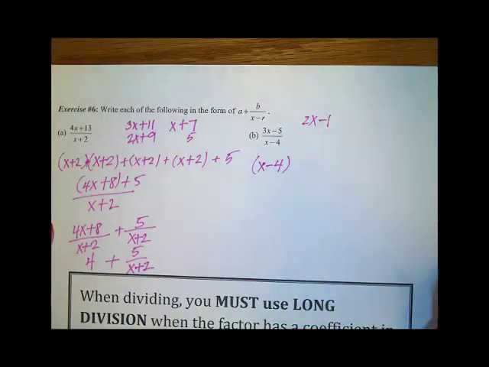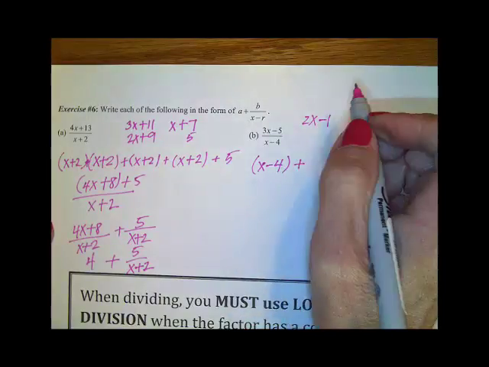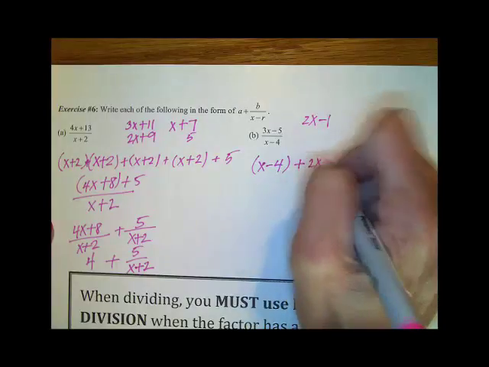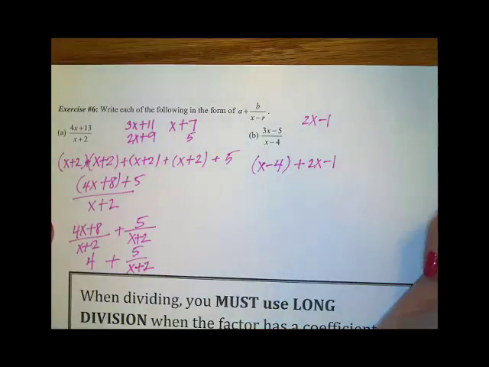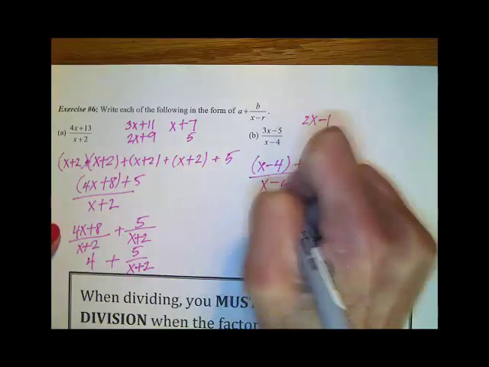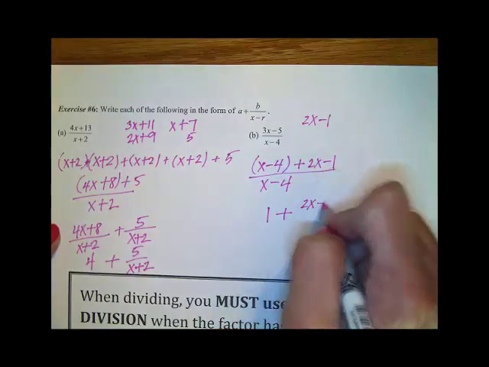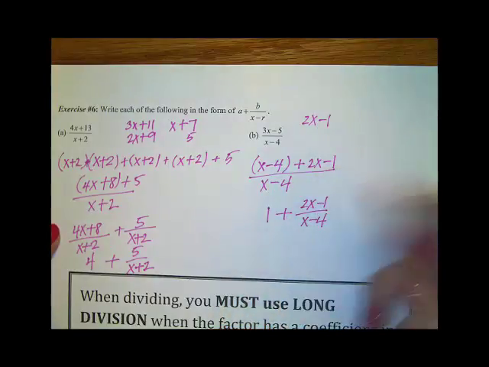Well, we can't take out any more x - 4's, can we? So we're going to say plus 2x - 1. And then we're going to divide by x - 4. So we know when those divide, we have 1 plus (2x - 1) over (x - 4).